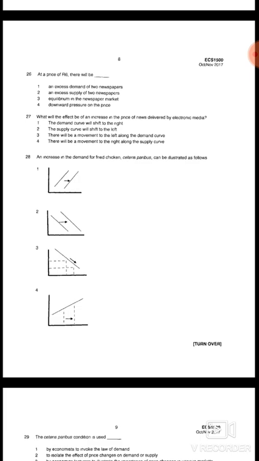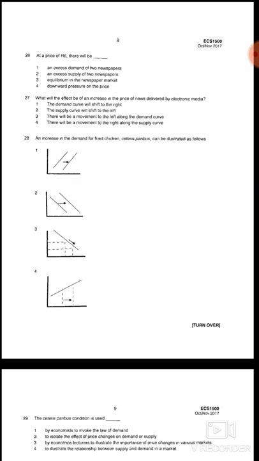So the supply curve will shift to the left. No. The demand curve will shift to the right. No. There will be a movement. Option number 4, there will be a movement to the right along the supply curve.